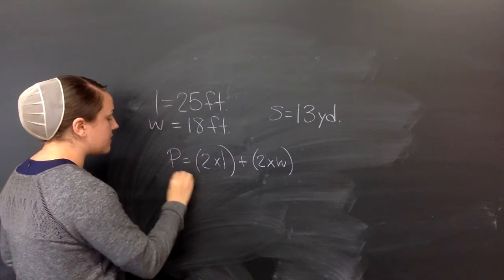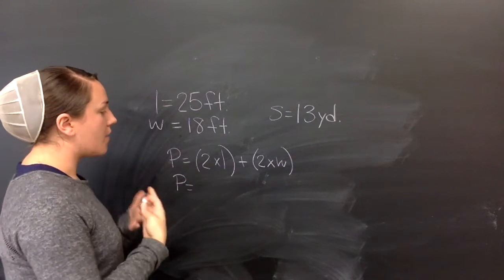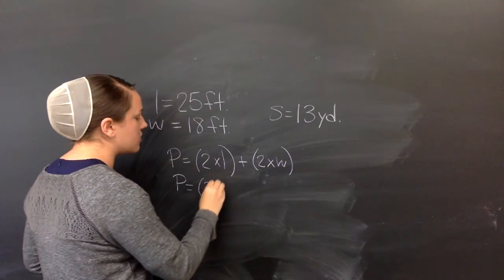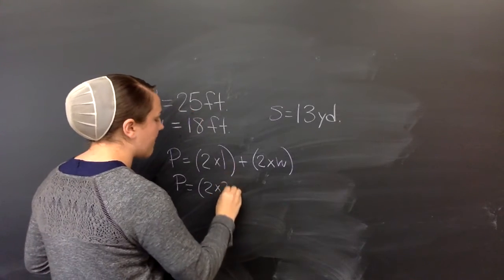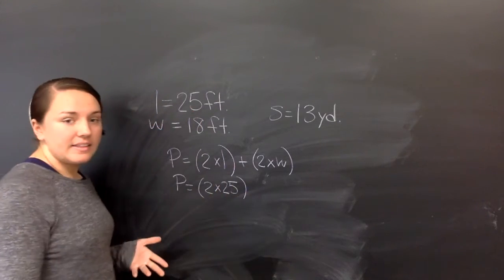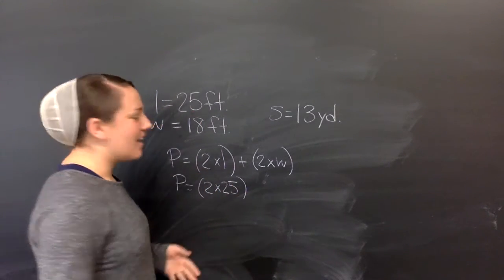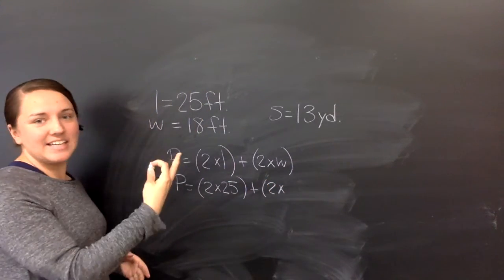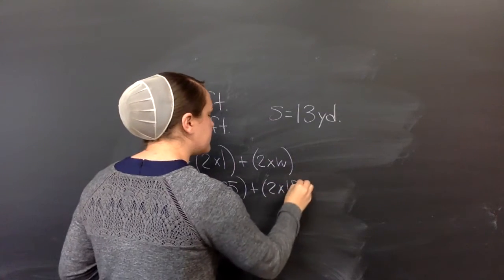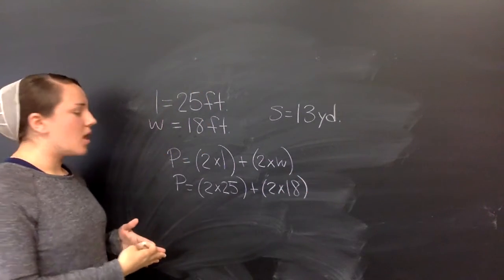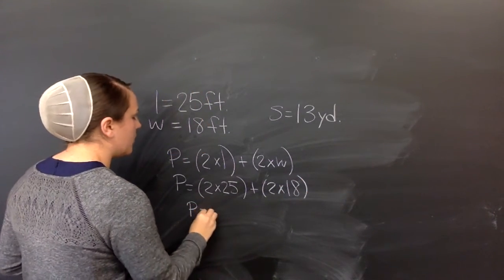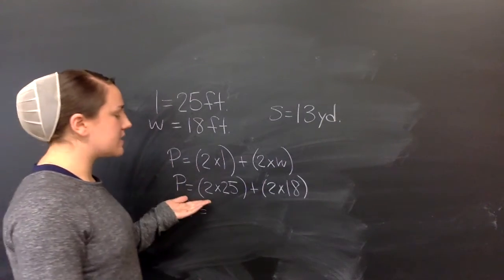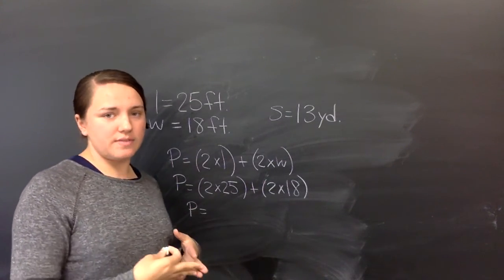So let's fill in our numbers for our problem here. We have P equals 2 times 25 because that is our length, and L stands for length, plus 2 times, we have 18 as our width, W stands for width. So now we need to work what's in parentheses. 25 times 2, what's 25 times 2?